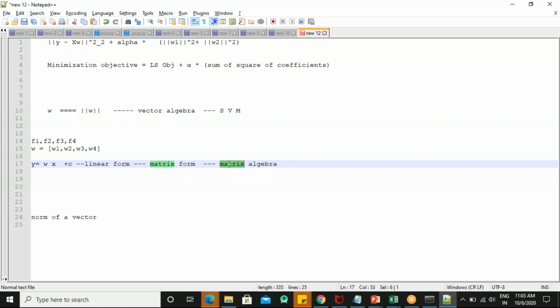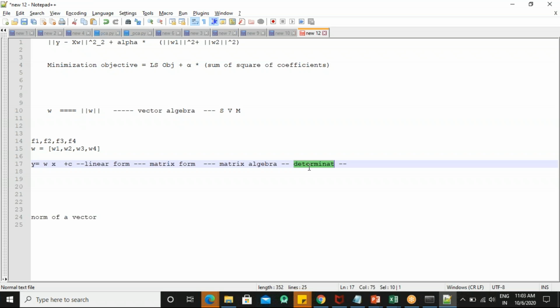But I'm just asking you, if I'm talking about matrix algebra, can anyone tell me what is the determinant of a matrix? Or at least do you know how to calculate the determinant of a matrix? Given a matrix, can you calculate it? Very good. Can you calculate the transpose of a matrix, the covariance of a matrix? Very good.